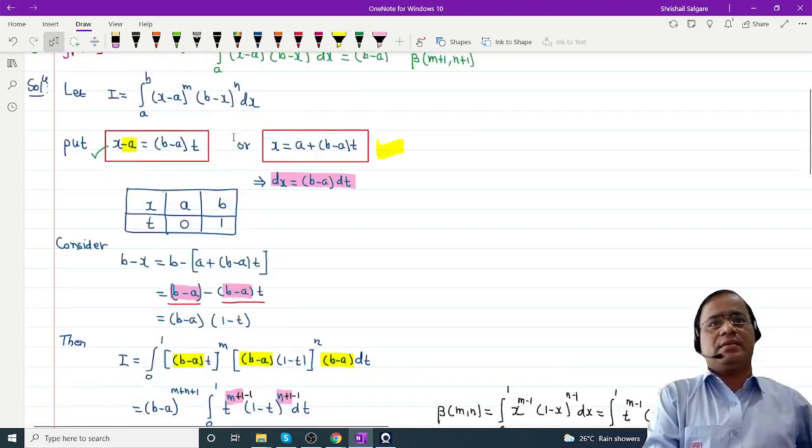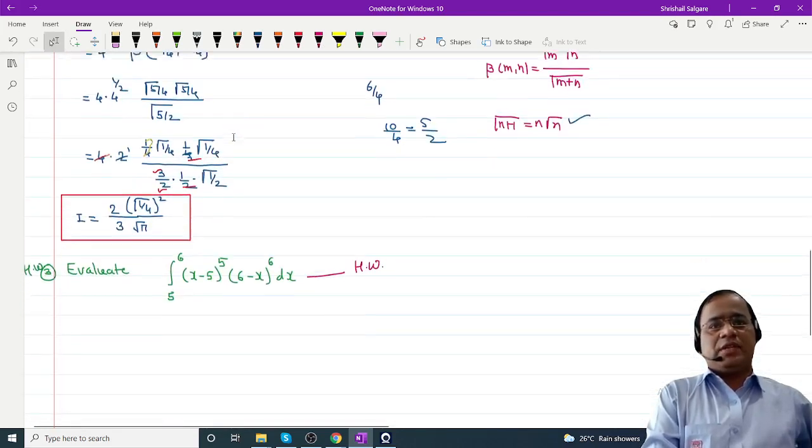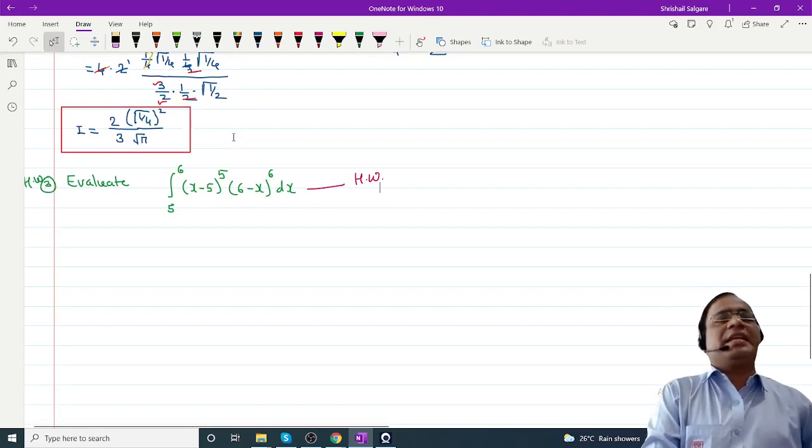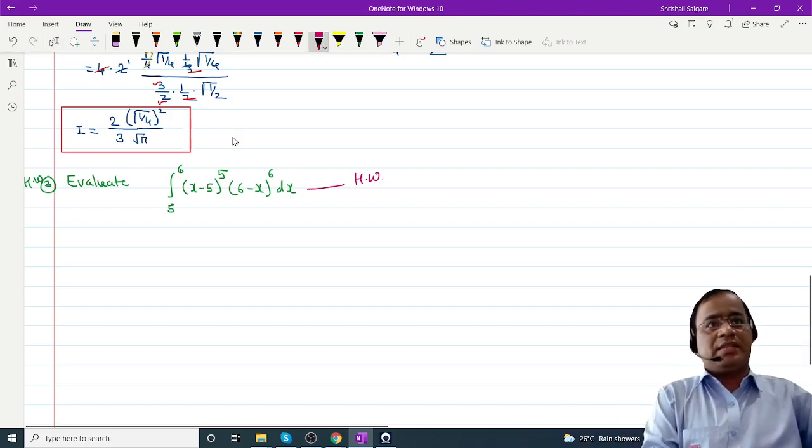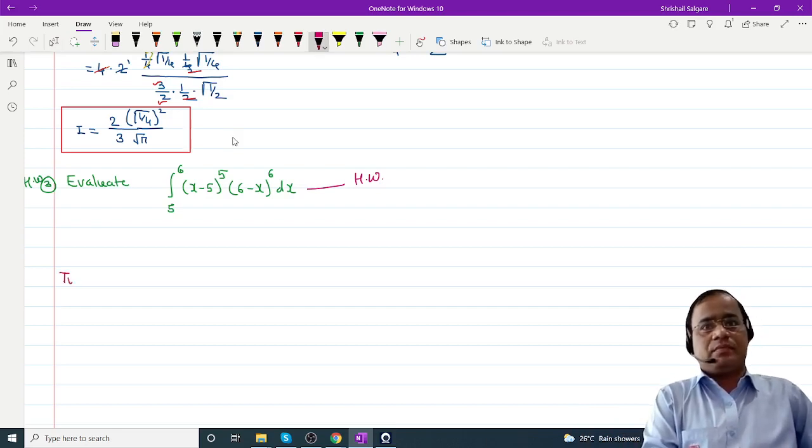This is type 5. Now the next one is type 6, and that we treat as the third definition of beta function. So that we reduce to the third definition of beta, and I will consider the fourth example.